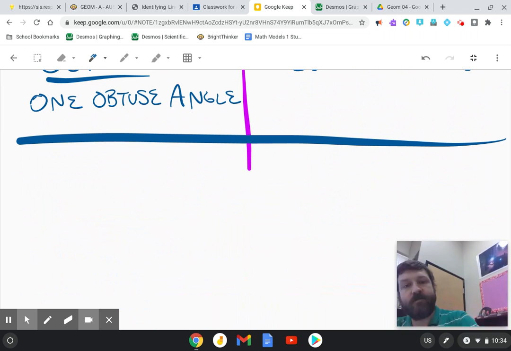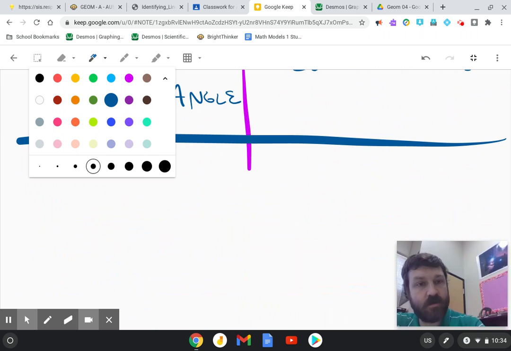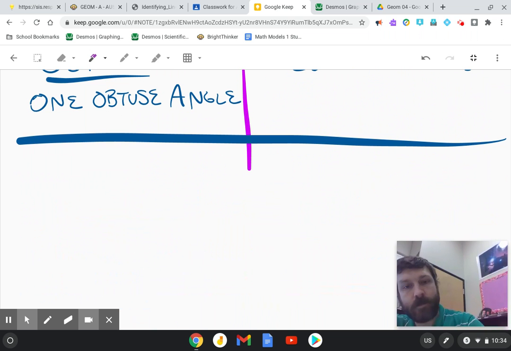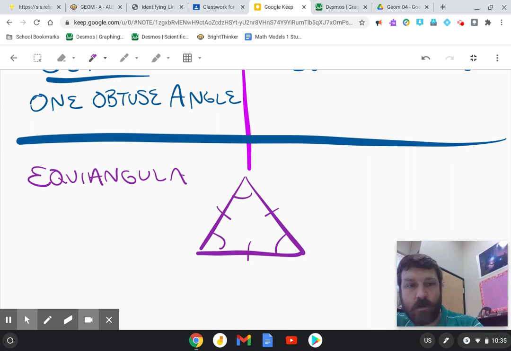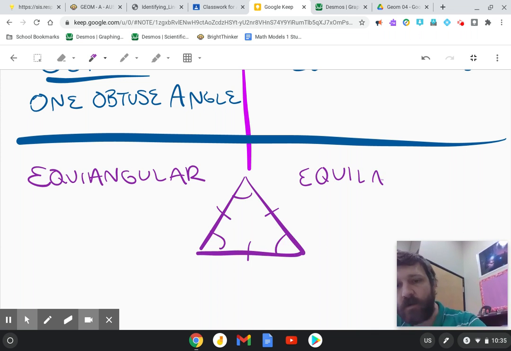Now, I left one section down here that crosses over both because there is a triangle type in which we have all three sides and all three angles the same. And that is on the angle side called equiangular, and on the side equilateral.